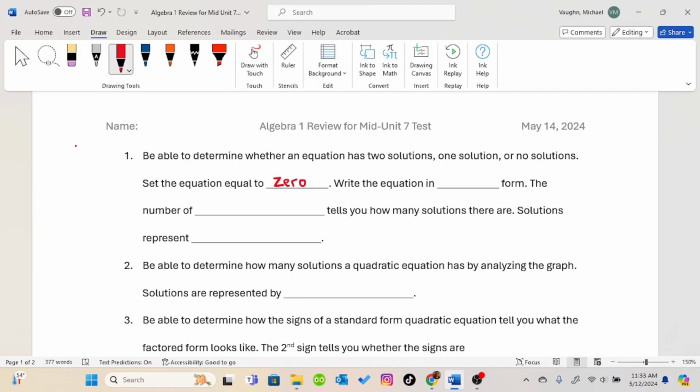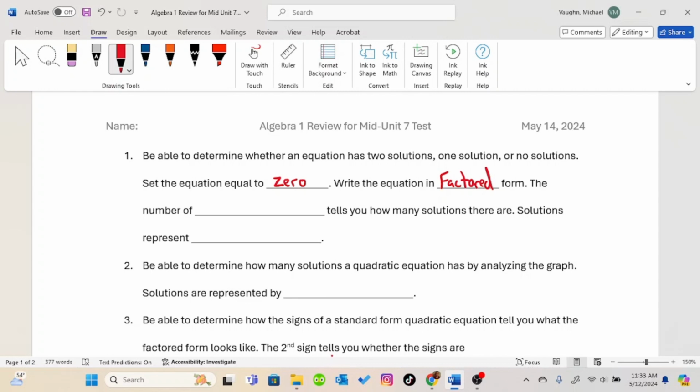Before you can do anything else, you need to do this. Then you need to write the equation in factored form. So if it is in standard form or vertex form, you need to switch it to factored form first.